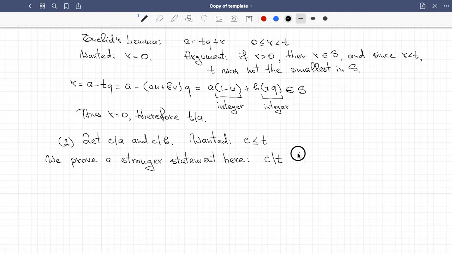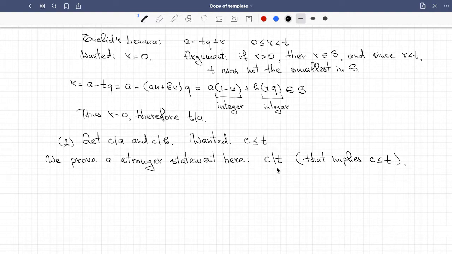So that implies that C is smaller or equal than T. If C is smaller or equal than T, then it may happen that C does not divide T. It may happen it divides, it may happen not.